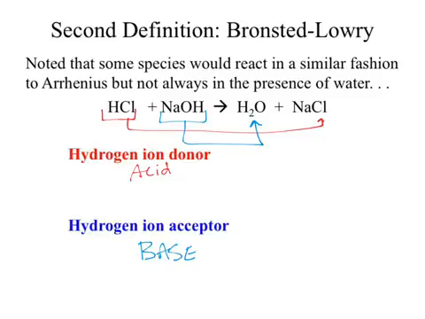Do all reactions transfer a hydrogen ion? No. So while this is a broader definition and it applies to slightly more reactions than the Arrhenius definition, it's still not the best.